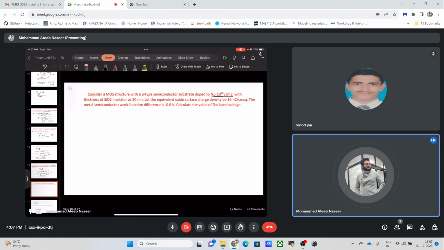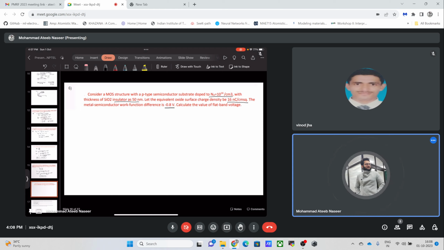The thickness of the insulator is given, and the oxide surface charge density is also given to us, which is 16 nanocoulomb per centimeter square, and phi ms is equal to minus 0.8. We need to calculate the flat band voltage.